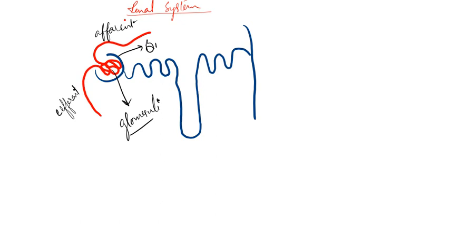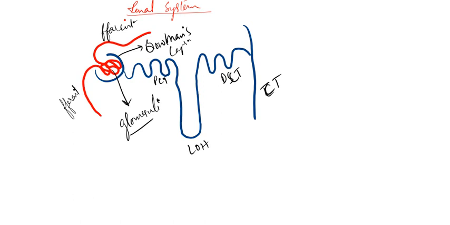There is nothing wrong in reading all these things once again. Bowman's capsule, PCT, loop of Henle, DCT, and this is the collecting tubule. Sorry, I wrote it in reverse.